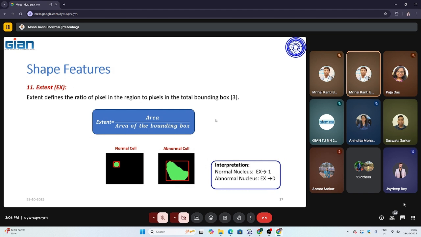Normal nuclei are compact and fill most of the box, leading to a higher extent value, while abnormal nuclei, being irregular, leave empty space around them, resulting in a lower extent value. The bounding box is the rectangular or square box that covers the whole nucleus area to its edges.